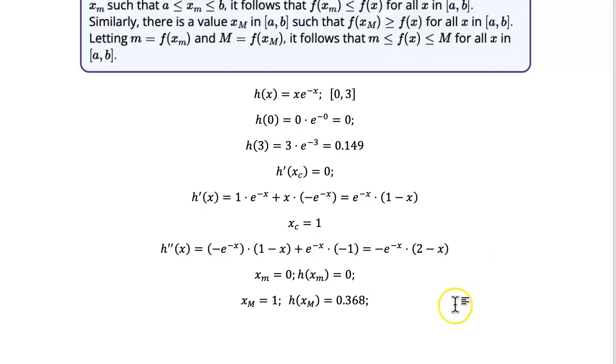You can see that there is an inflection point, where the second derivative changes from negative to positive, at x equals 2. That's in this range, but the only 0 in this range in the first derivative is at 1. And so we have the absolute minimum and the absolute maxima of this function over the range 0 to 3.